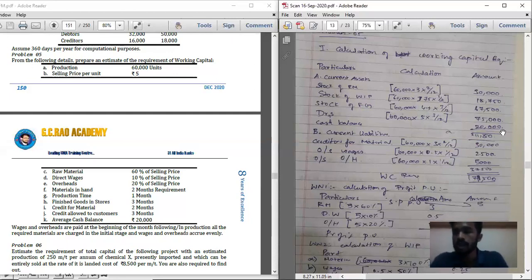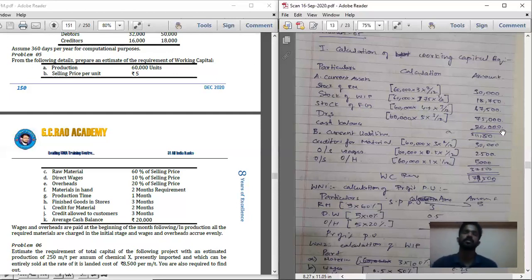Total it: 2,11,250. In respect of current assets, that is 2,11,250, put total.